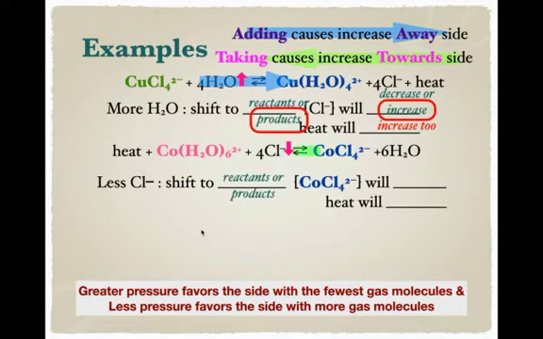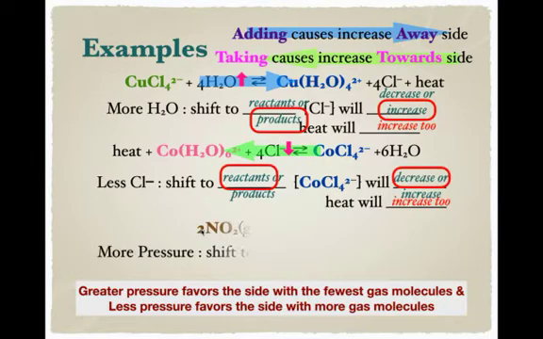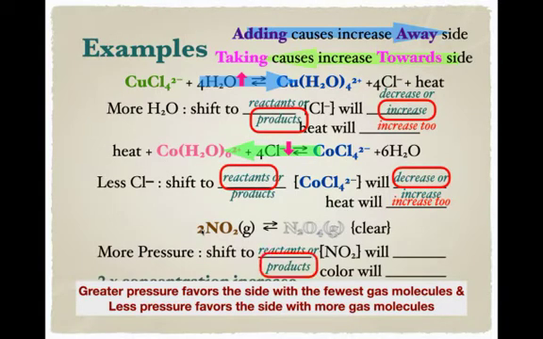So greater pressure favors the side with the fewest particles. This has the fewest particles, 1 gas particle, 2 gas particles. You do have to pay attention to the G as well. And less pressure would favor the side with more gas particles. So if the question said less pressure, the reaction vessel would get more brown.